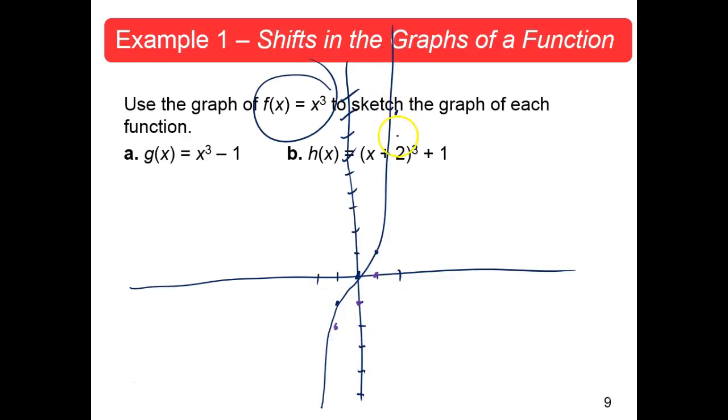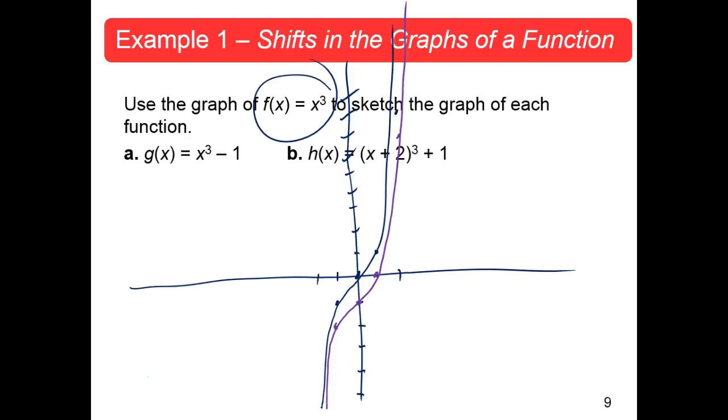Right there. It goes down 1. So now this one is like this. Not bad, huh? You didn't have to pick points, evaluate and stuff. You just say every point, you already had them on there. Down 1, down 1, down 1. If we had the minus 8, it would have gone down to -9. Okay, good deal. How about h of x?